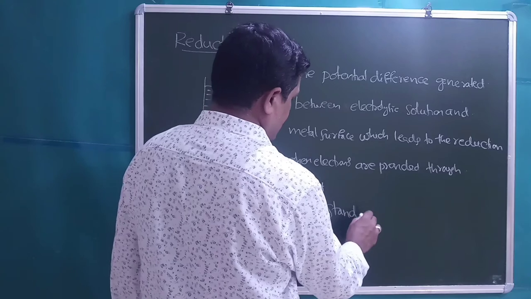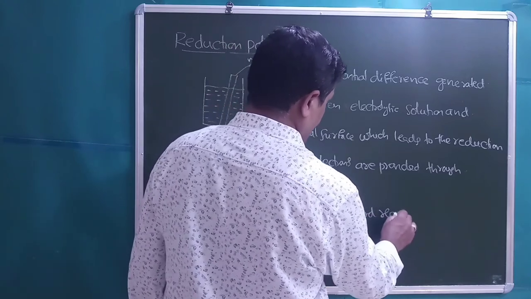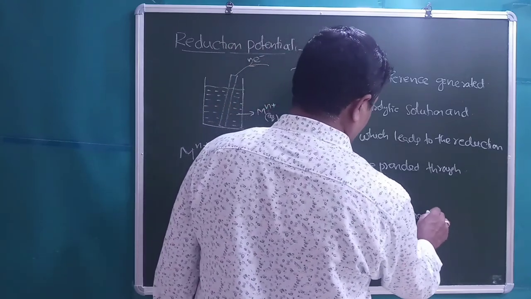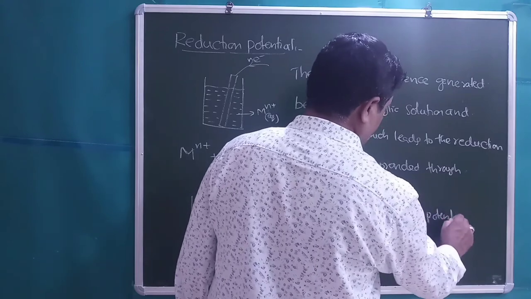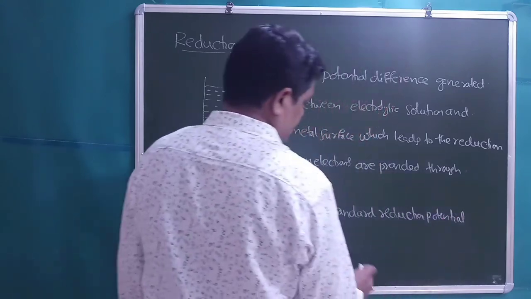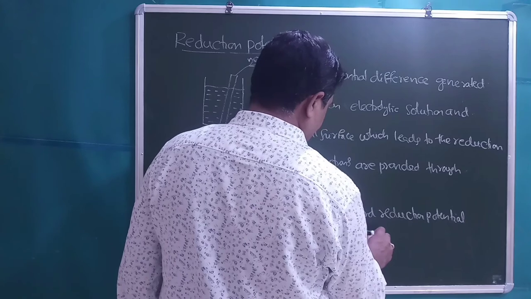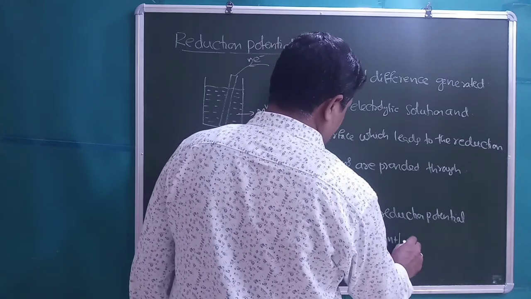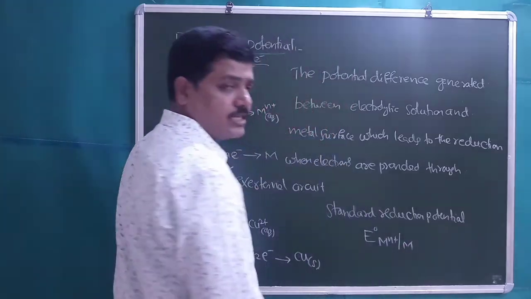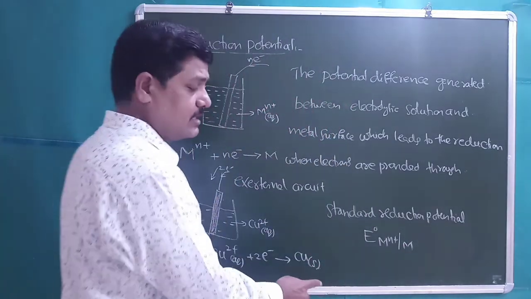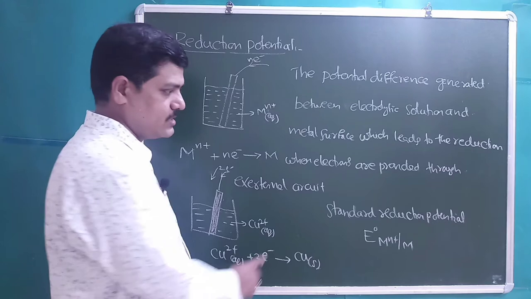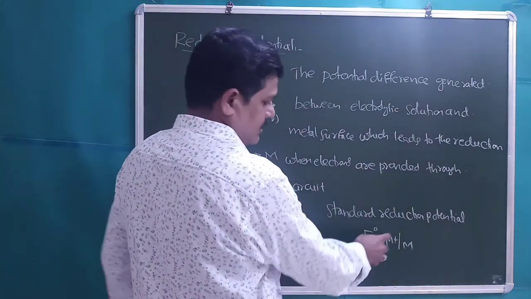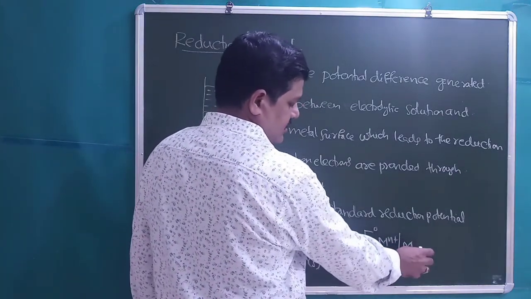Standard reduction potential is indicated with E0 M/M. Oxidation potential is indicated as E0 M/M+. It is reversed here. M plus n to 0 is reduction.